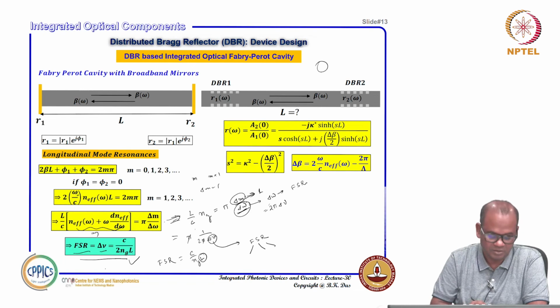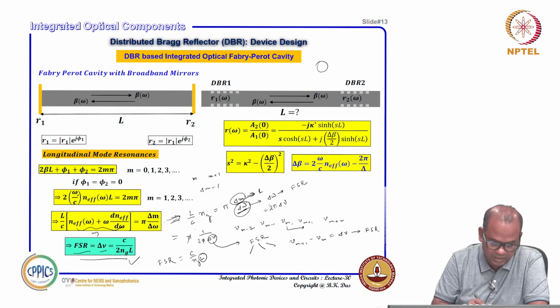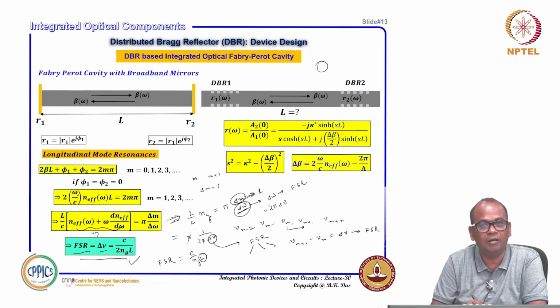That means you can get resonance frequencies like nu m plus 1, nu m plus 2, and nu m minus 1, different orders of resonance frequency. If I subtract nu m plus 1 minus nu m, that will be your delta nu, which is called the FSR. So this FSR is actually C by 2 Ng L.